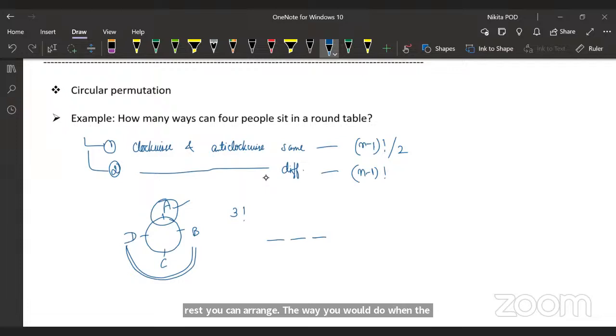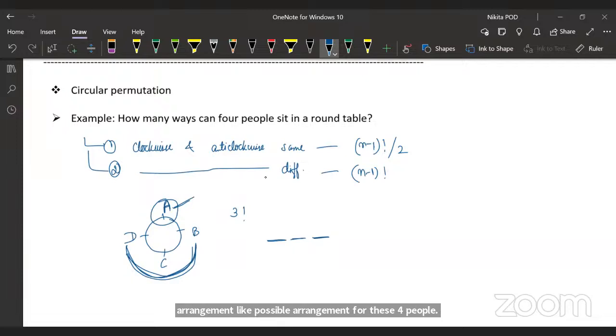So if you have 4 people and I fix the position for A, now you just need to arrange D, B, and C. That will be sufficient and that will make a possible arrangement for these 4 people.